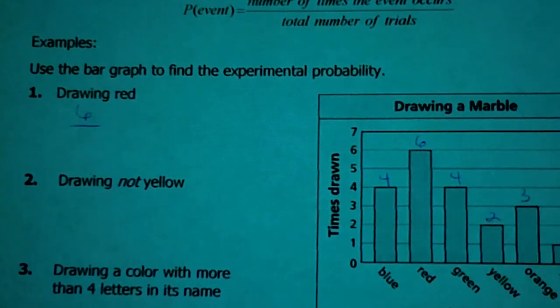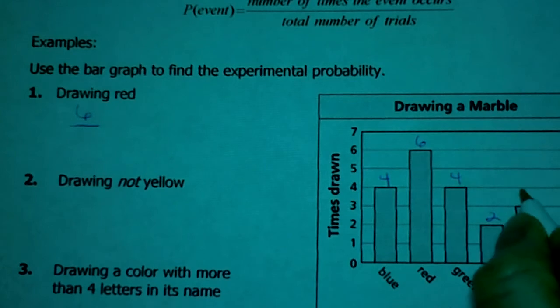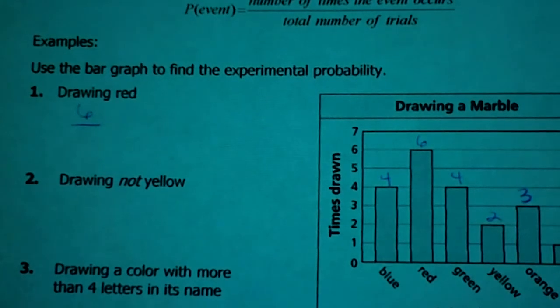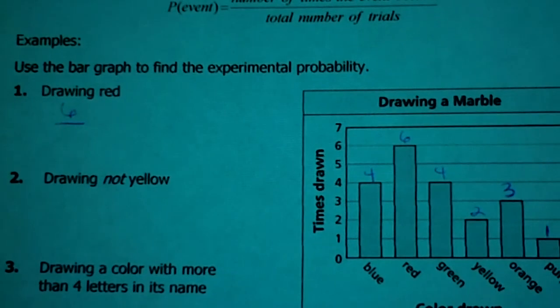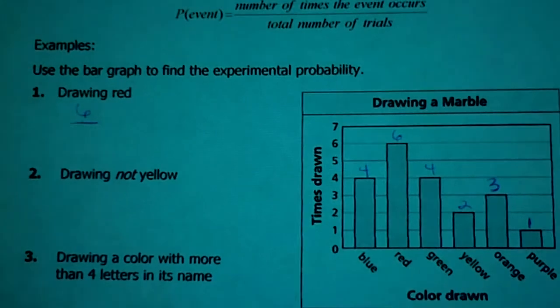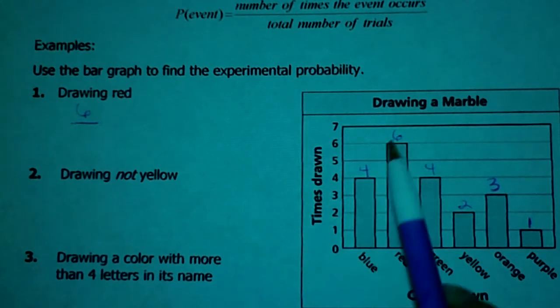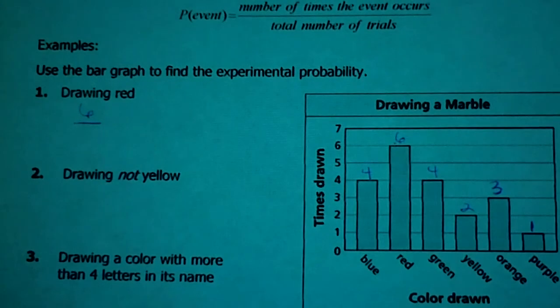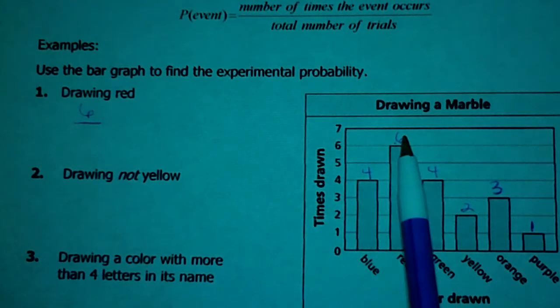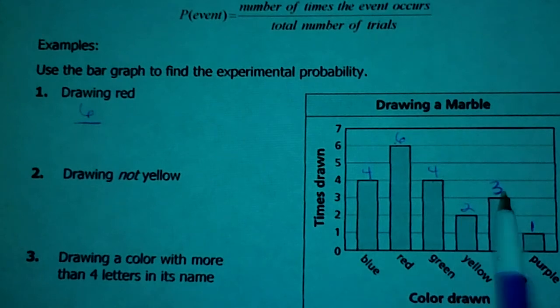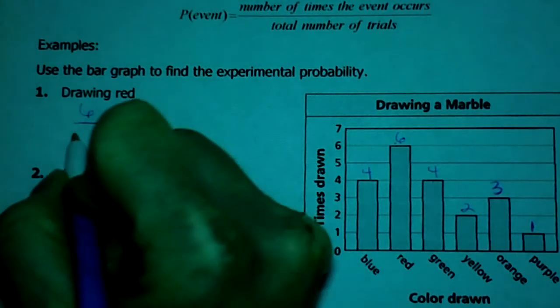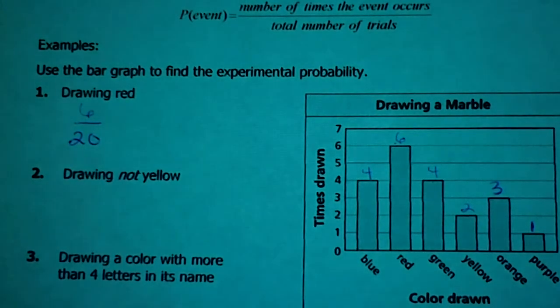Orange happened 3 times, and purple happened once. So if I want to know how many times red happened out of the total number of trials, what you need to do now to find that denominator is just add up all those. They're called frequencies. So 4 plus 6 is 10, 14, 16, 19, and 20. So marbles were drawn 20 times.